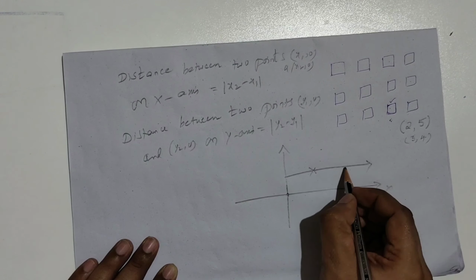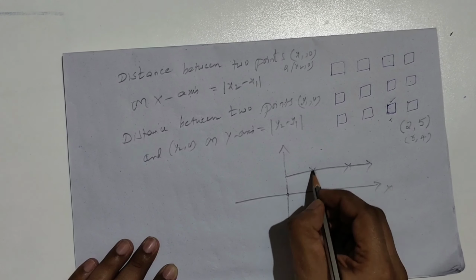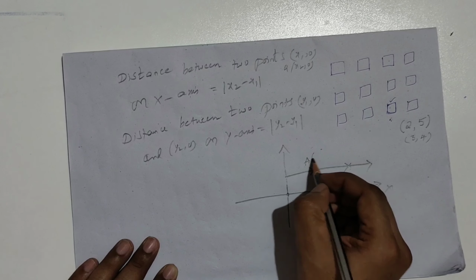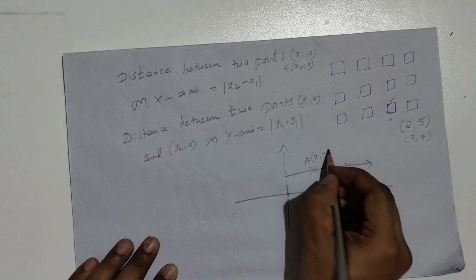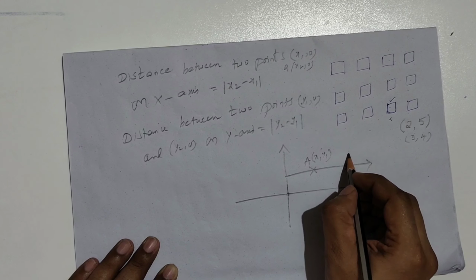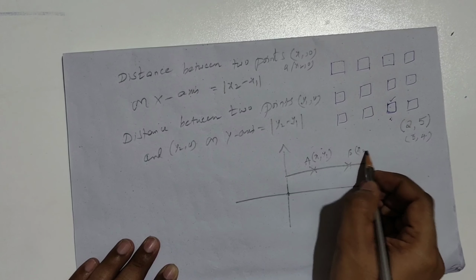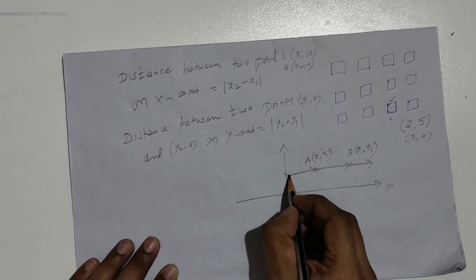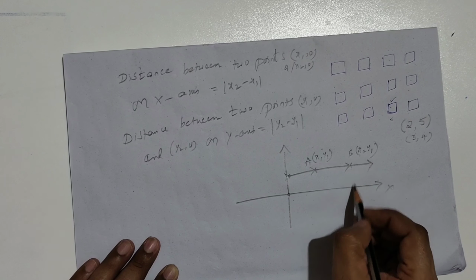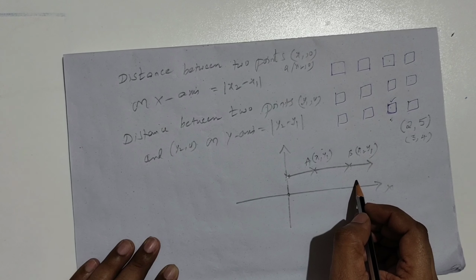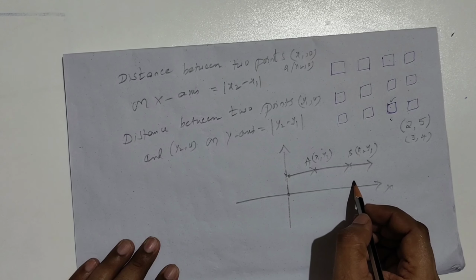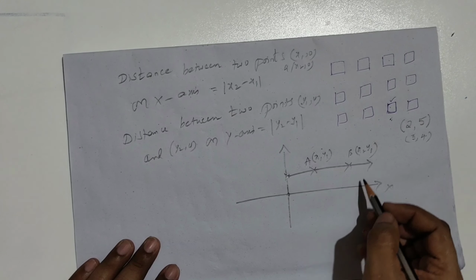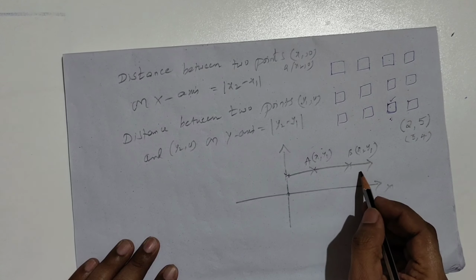I am taking here 2 points. So the first point is generally taken as, let us suppose x1 y1, and it is x2 y1. Why? Because here the line is parallel to the x-axis. So since the y-ordinates are equal, points lie on a line which is parallel to the x-axis.